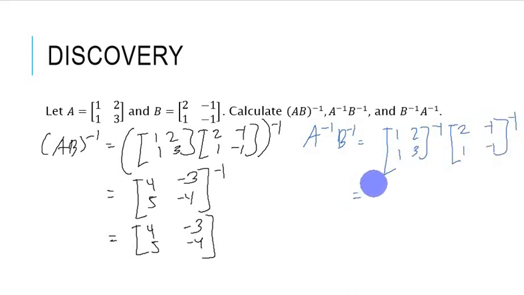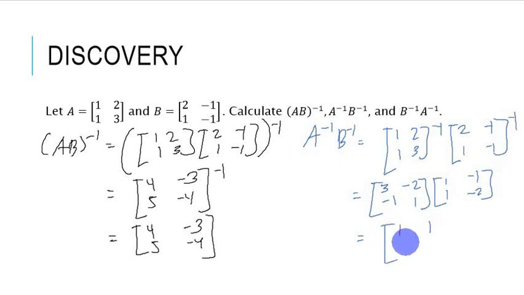The inverse of matrix A, which the solution is left to our viewers, would be [3, -2; -1, 1], while the inverse of B would be [1, -1; 1, -2]. Multiplying these two, we're going to get the product [1, 1; 0, -1].